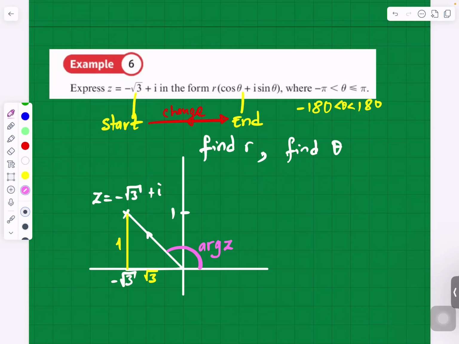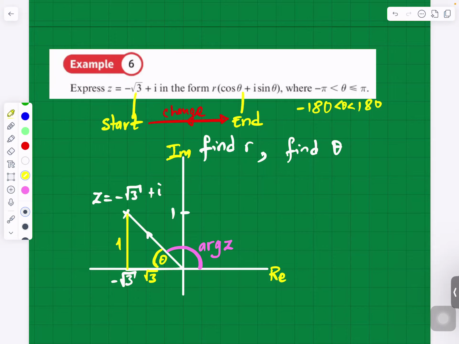But we cannot get the pink angle without using the triangle. So we use the triangle first to find this angle theta. And then after that, we subtract from 180, which is pi, to get the pink angle, the angle of z.